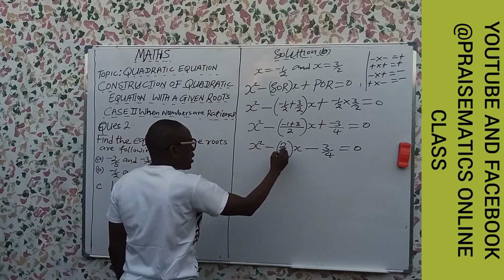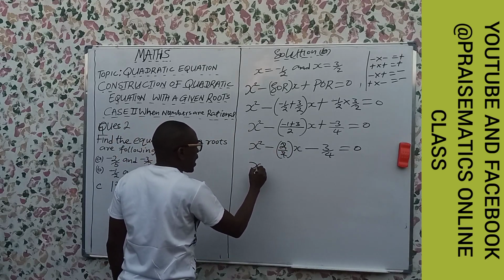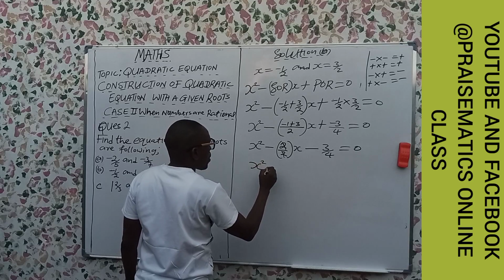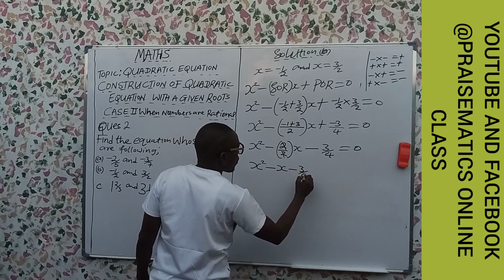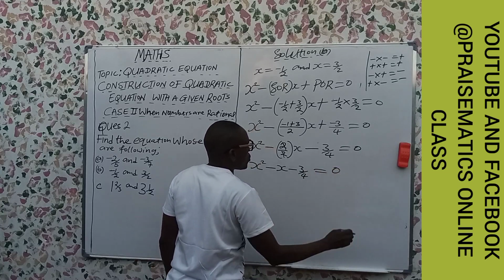Minus 1 plus 3 gives 2, so 2 over 2 cancels, and we are left with x squared minus x minus 3 over 4 all equal to 0.